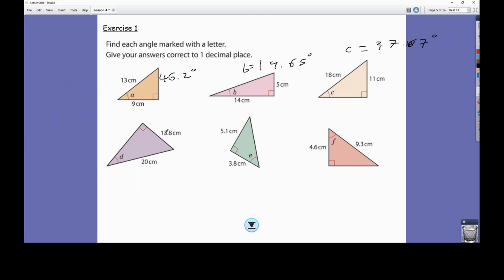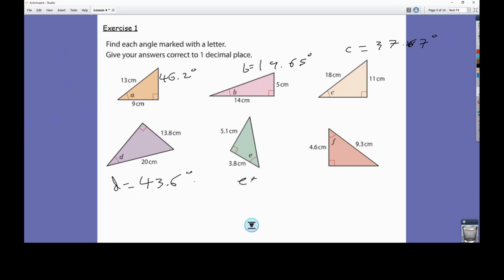So 37.7 degrees, sorry. D, we should have sine D is opposite over hypotenuse, so we get shift sine 13.8 over 20, paying attention to the units. We should get D 43.6 degrees. And then E, you have tangent, shift tan 5.1 over 3.8.